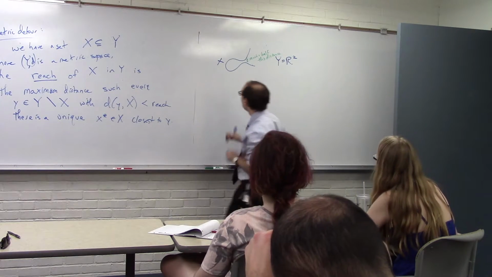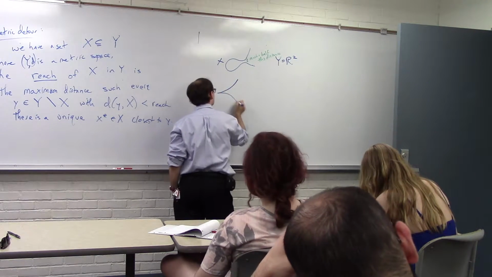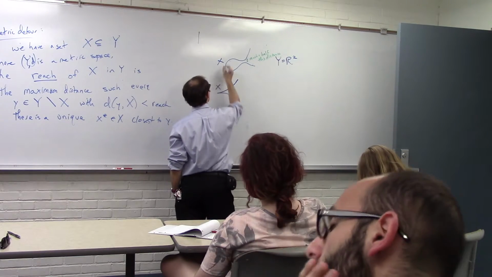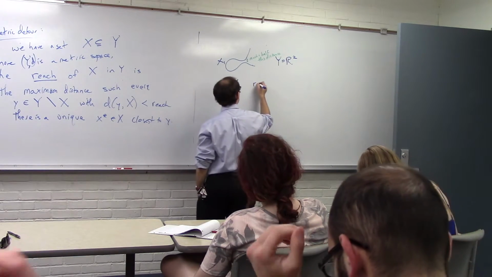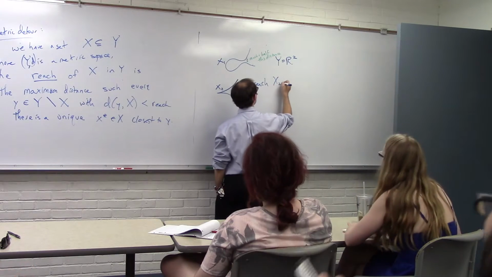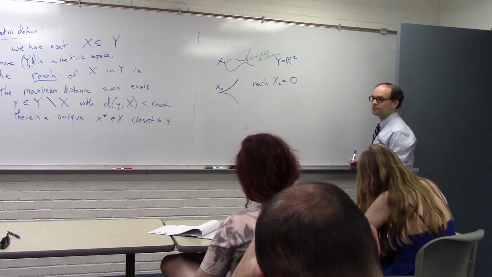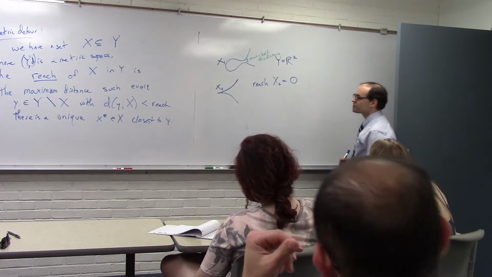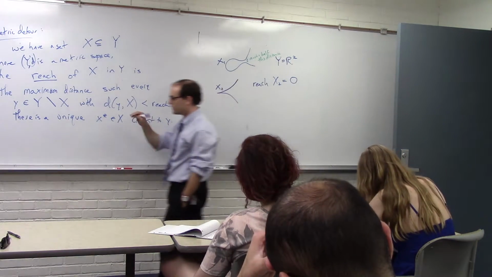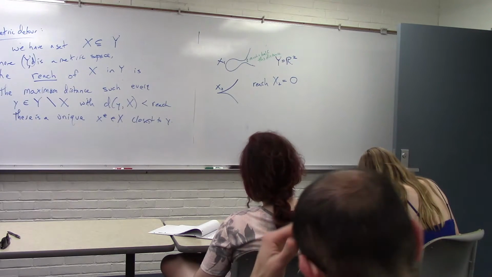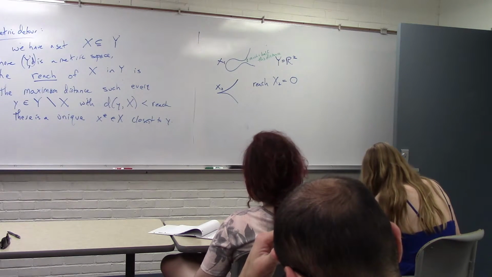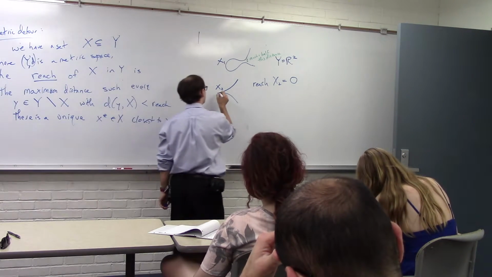Another example, this set, this is x1, x2, the reach of x2 is 0. There are lots of points, no matter where I move my y around. Regardless of the distance you pick, it's going to be close to multiple.